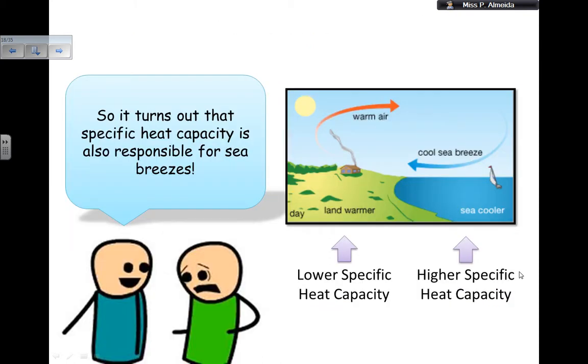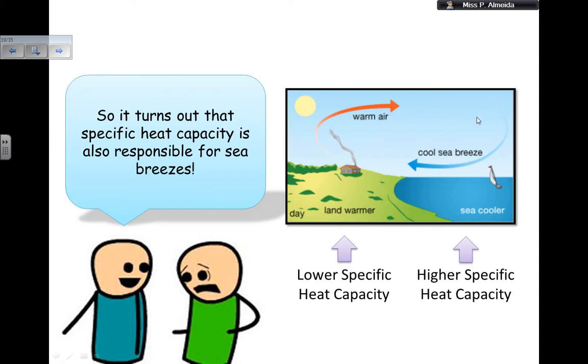And this is actually going to be one of the reasons why you can get sea breezes, because think about it. The sun is heating up the land and the water exactly the same way. However, the land has a lower specific heat capacity, so it heats up faster than the seawater. That means that I have warm air above the land, and cool air above the water.